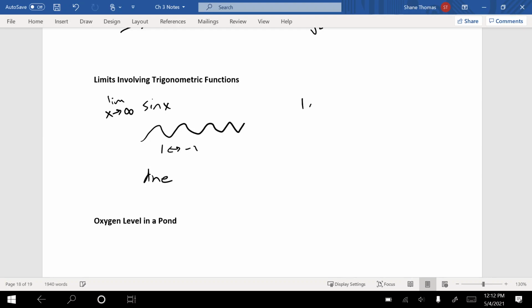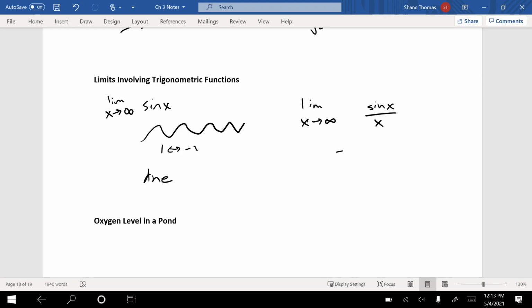Now, if I do this, the limit as x approaches infinity of sine of x over x. In this case, what's happening? Well, I still have sine of x on top, so it's still going up and down, from 1 to negative 1. But that x is on the bottom, and it's getting bigger every time, correct? The value of that bottom is getting bigger. So it goes back to that formula we had at the beginning.